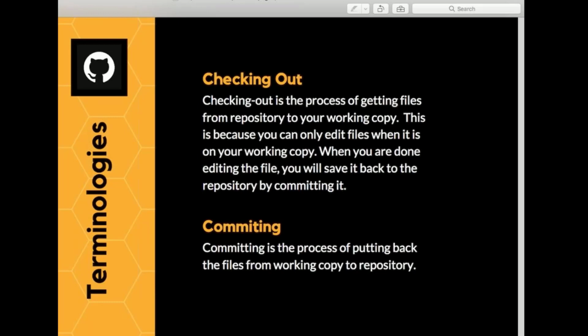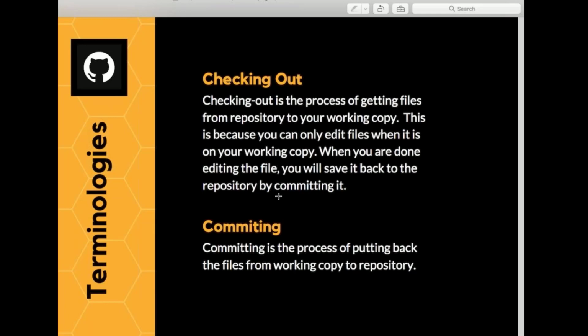So getting anything from the central repository is called checking out. This is because you can only edit files when they are in your working copy. You cannot edit the files directly on the repository. You need to bring them to your local machine, make the changes, and push them back to your repository.